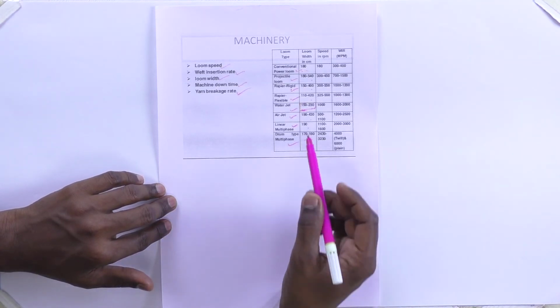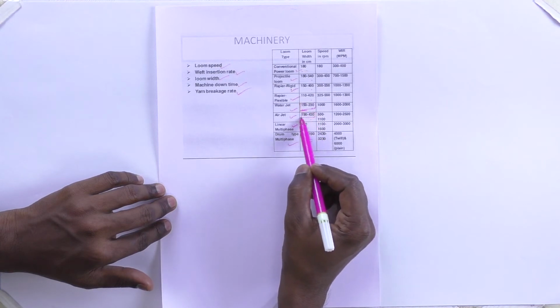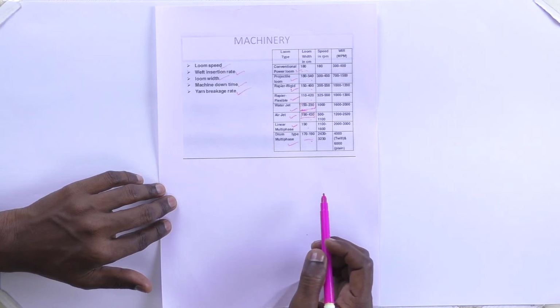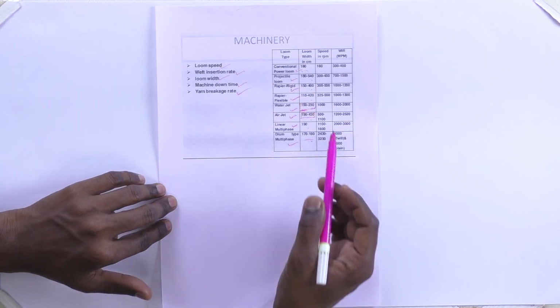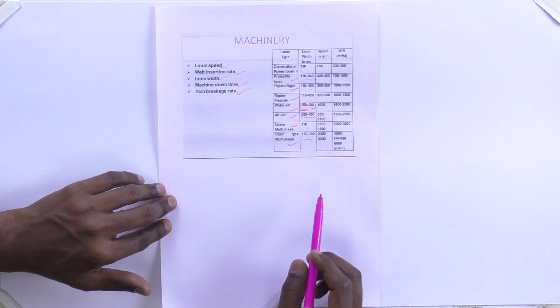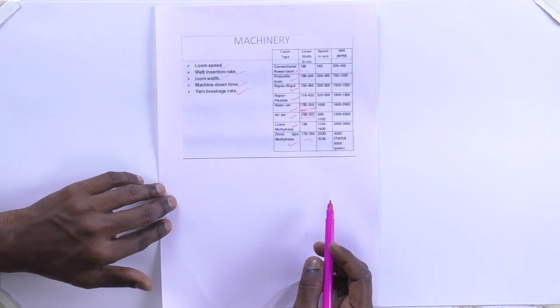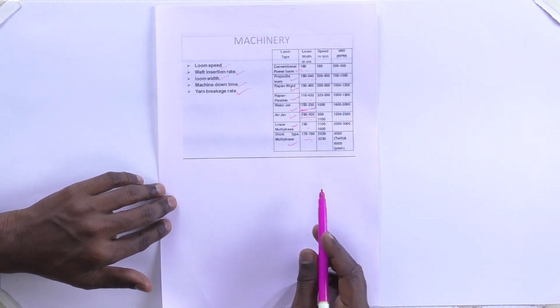But in the case of air jet loom, the sub nozzles carry the weft with the help of the main nozzle, so the width of the air jet loom is high. In the case of projectile loom, we are using a projectile, a very small element, so the width may be high when compared to all other types of shuttleless looms.